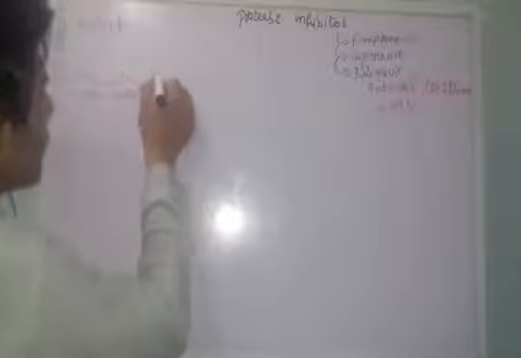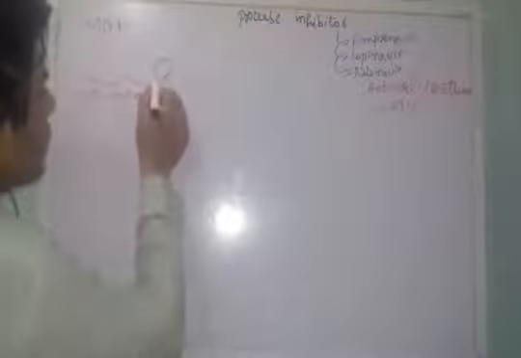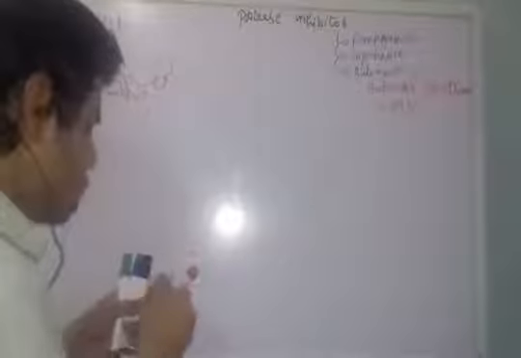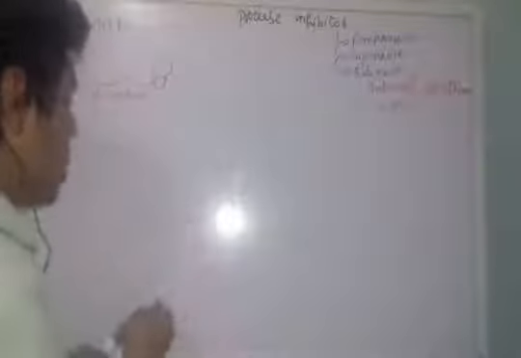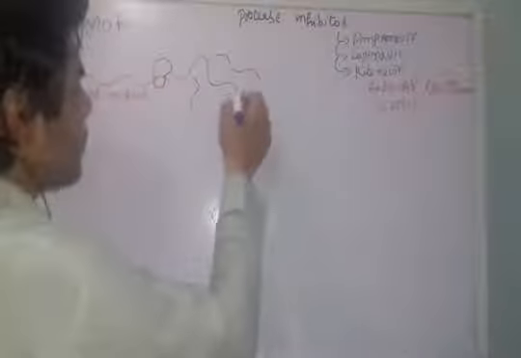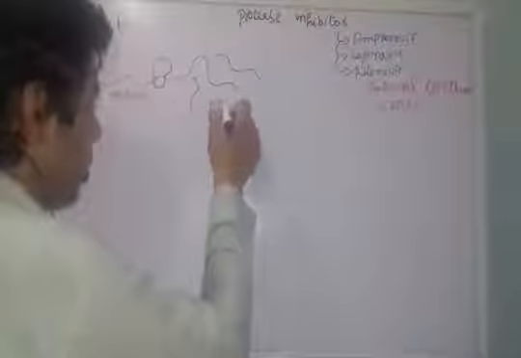This is the large subunit and this is the small subunit, and this ribosome is actually the host ribosome. Once it passes through the ribosome, it will produce a long protein chain, just like that. So these are the protein polypeptides.